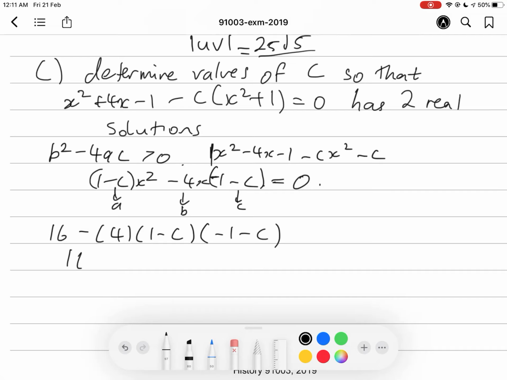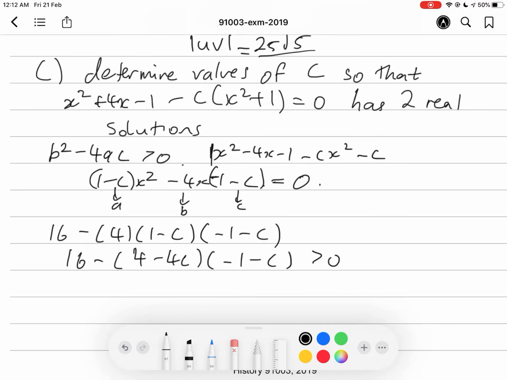And that will actually get you 16 minus, let me double check this. That'll get you 4 minus 4c multiplied by negative 1 minus c.